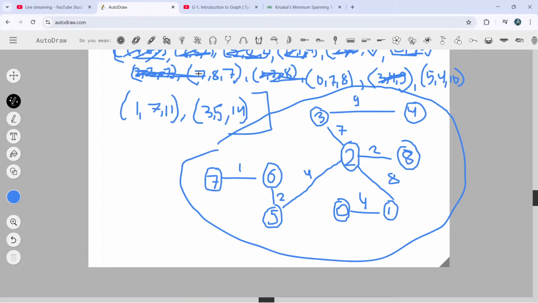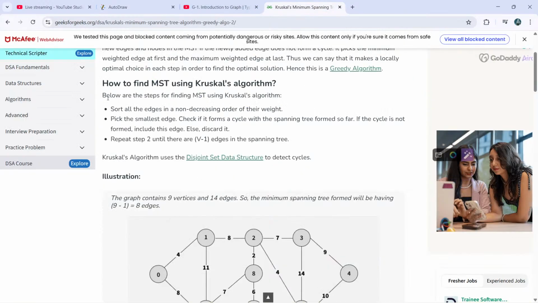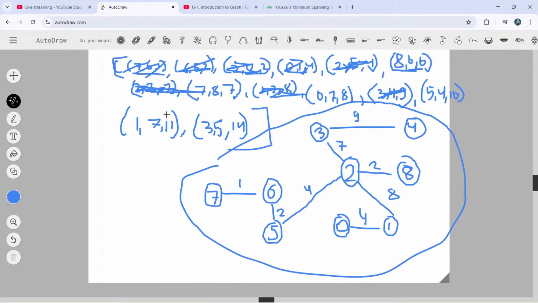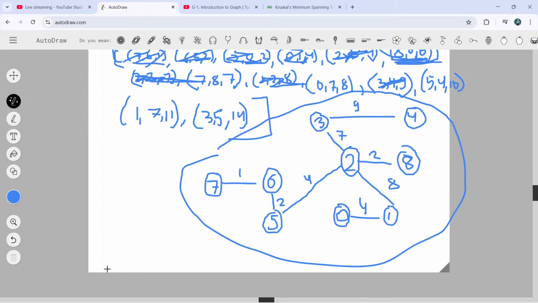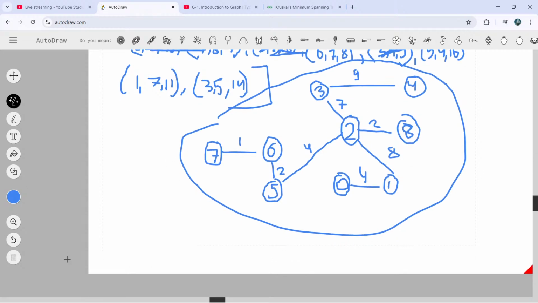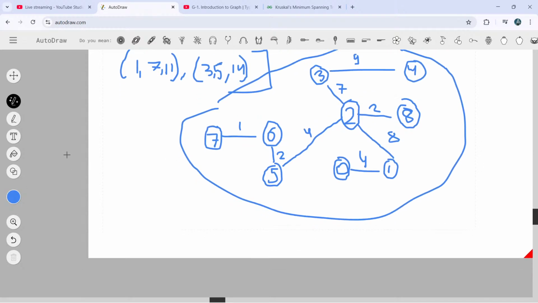Okay, so first step is clear, right? We have created the MST. But did you notice one thing? How did I figure out that 8 and 6 form a cycle or not?